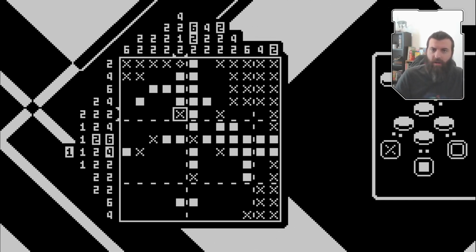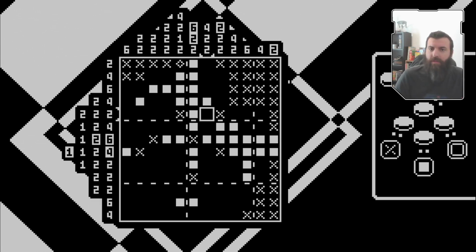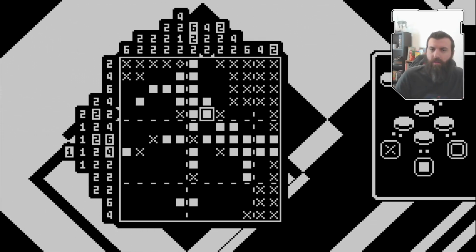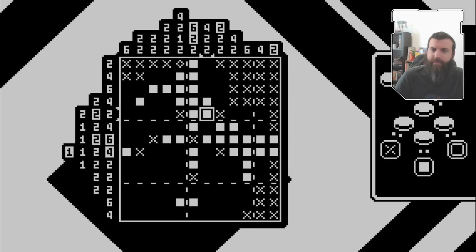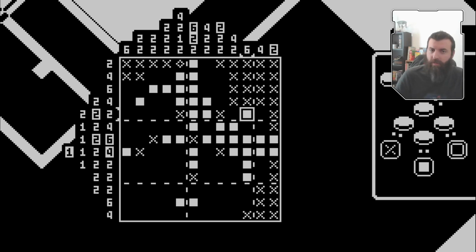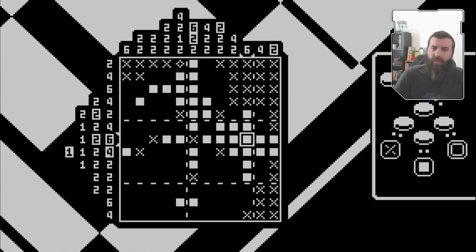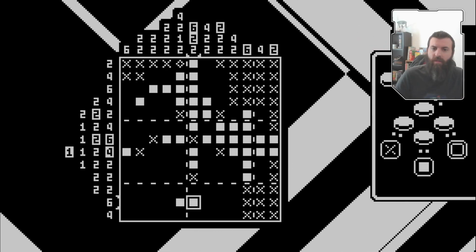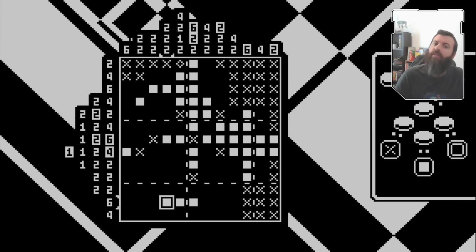That lets us say, alright, that's the 4 there. That means it has to be over for the 2 horizontally. That means one of the 2s has to be over here, the horizontal 2. But our vertical 6 has to be that. This horizontal 6 has to be this.